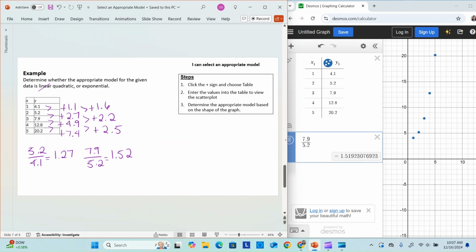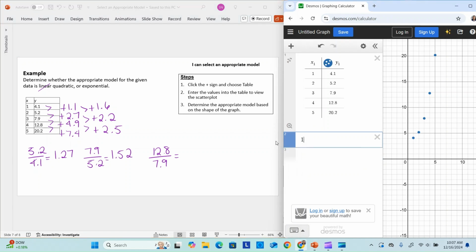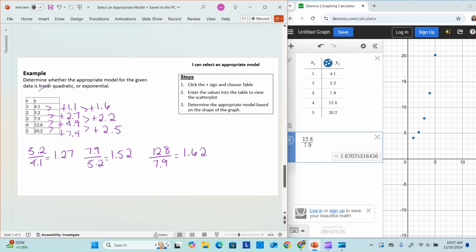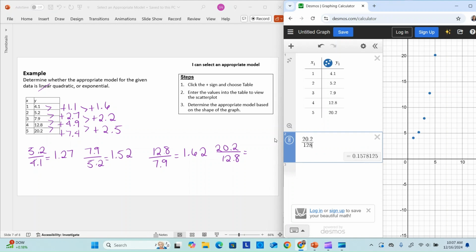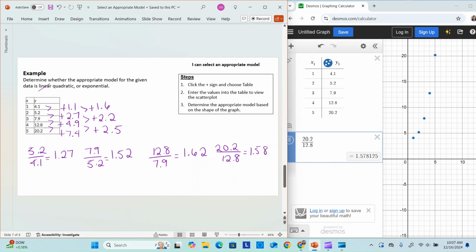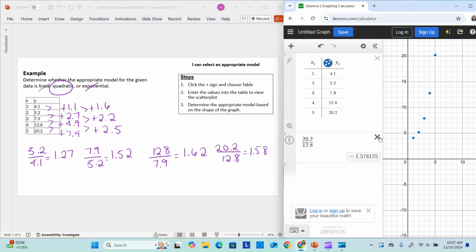But I can just keep trying them if I want to. 12.8 divided by 7.9, that's 1.62. And then I have 20.2 divided by 12.8, and that's 1.58. Okay, so I think quadratic is the better model for this data set, just because the second difference is approximately around the same value.